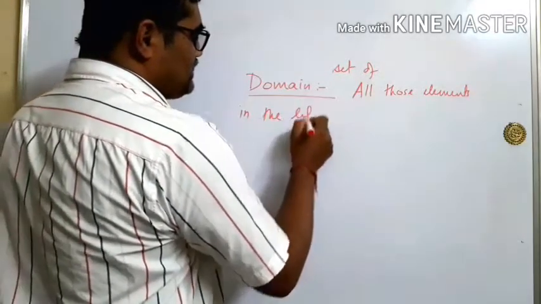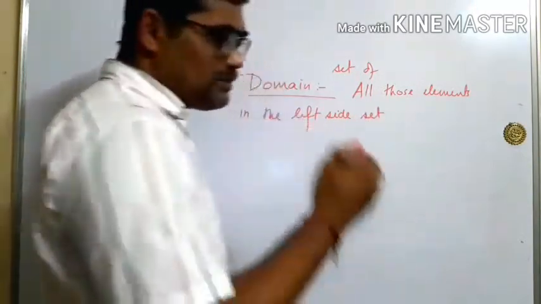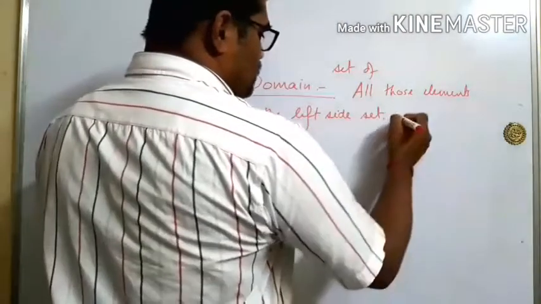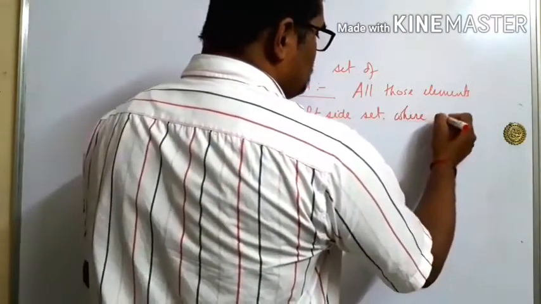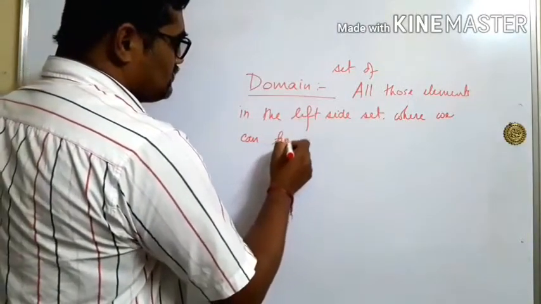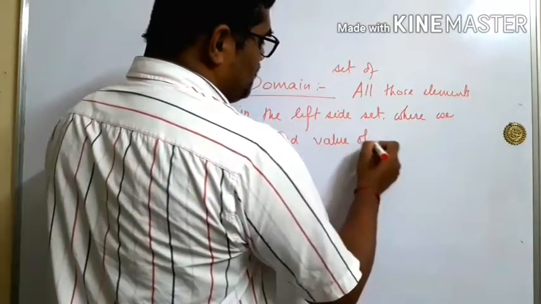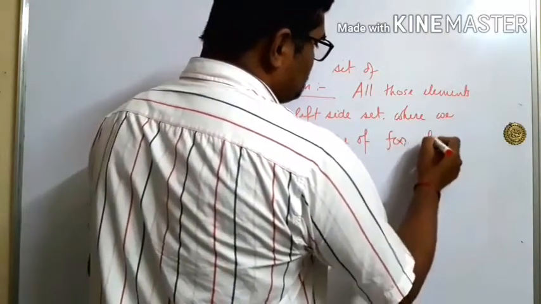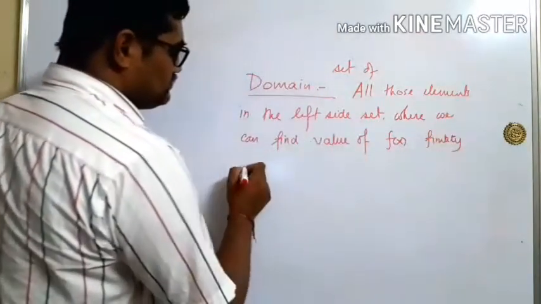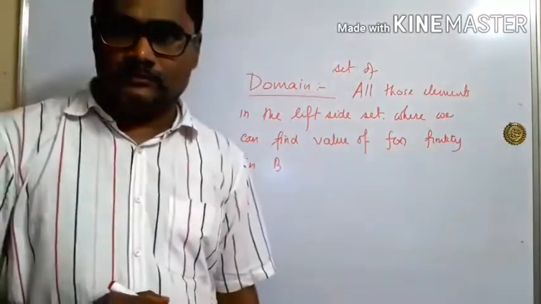In the left side set, meaning F from A to B, if I write, I am talking about set A, where we can find the value of f(x) finitely in B, right?